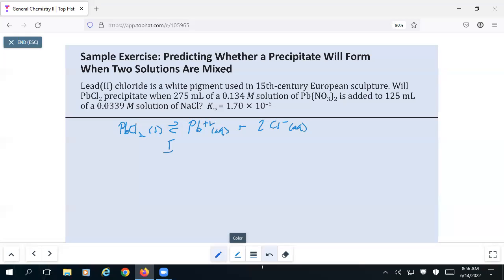So the total volume, 275 plus 125, would be 400 milliliters. So for the lead, it's 275 times 0.134 molar over 400. So its initial concentration is 0.0921.